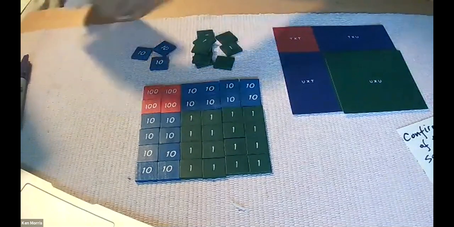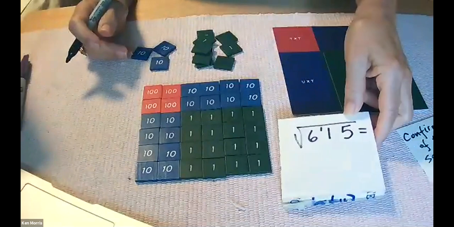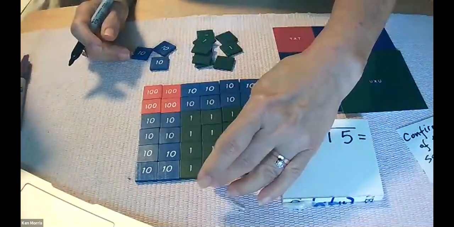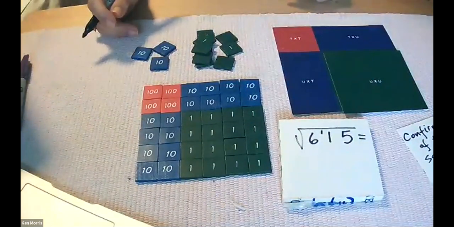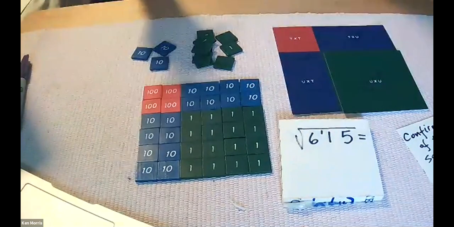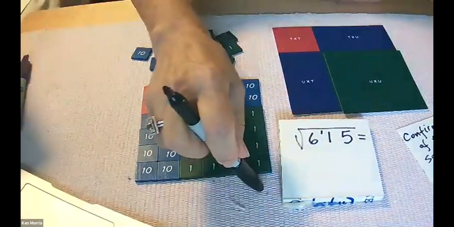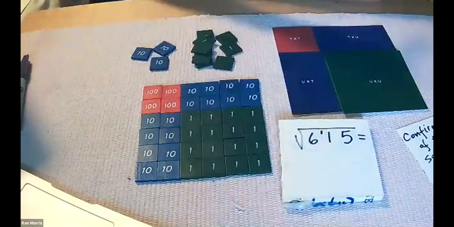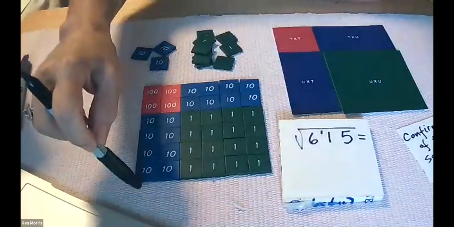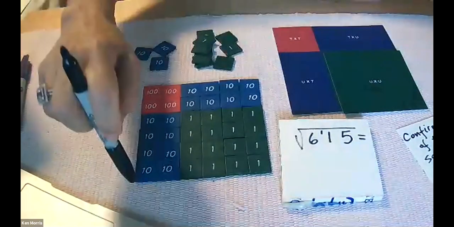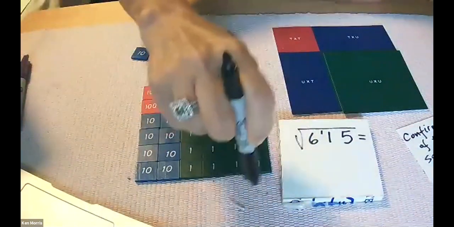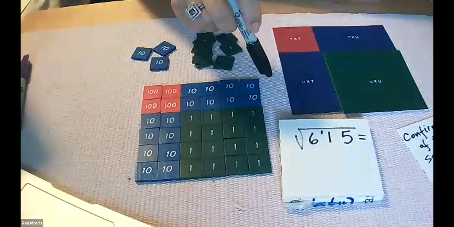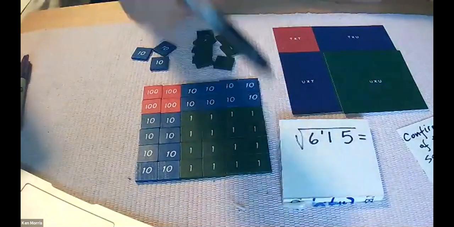So I'm ready to write my answer. Remember, where do we read the answer to a square root problem when we're using the symbolic square? We either read it along the bottom or along the left side. And my answer then is the square root of 615 is 20, 1, 2, 3, 4. 24.